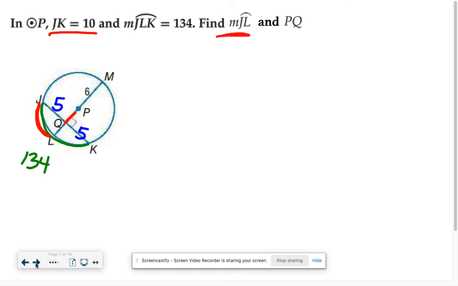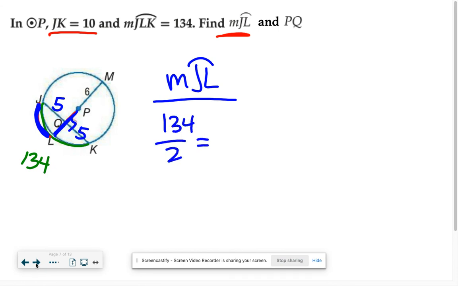That's the easier thing, okay? So remember, since our radius is perpendicular to our chord, it cuts everything in half. So in order to find JL, you just simply take 134 and divide it by 2, and we get 67. So that was pretty easy. That one wasn't too tough.